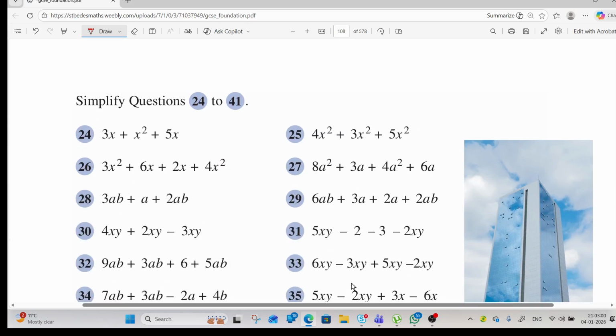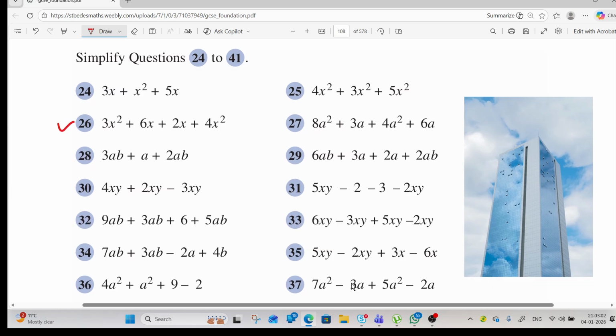Now let's try question number 26. What is the like pair for 3x square? 3x square and 4x square, they are like terms.